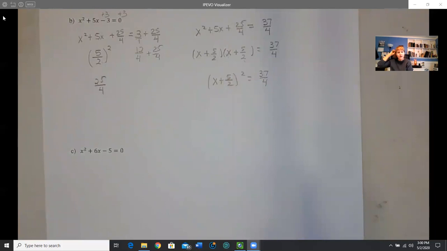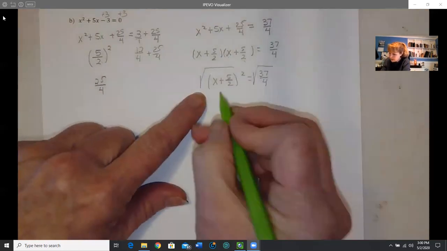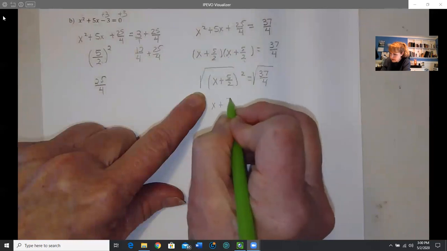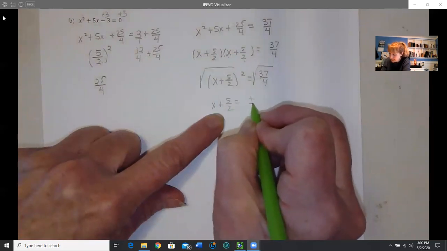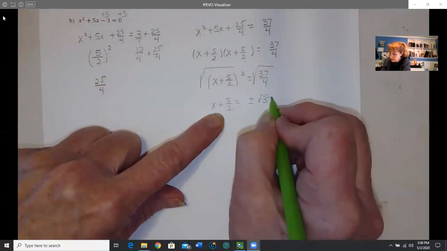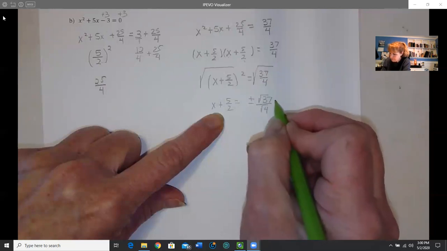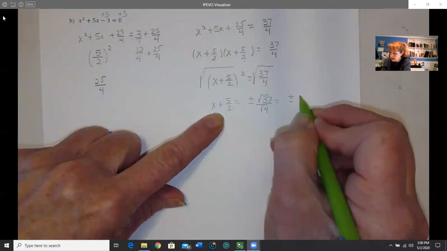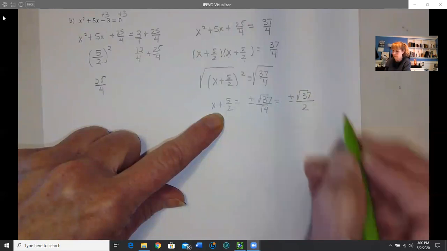Okay. So let's go ahead and take the square root of both sides. So we end up with x plus 5/2 equals plus or minus the square root of 37. This cannot be reduced with the square root of 4, which is plus or minus the square root of 37 over 2.